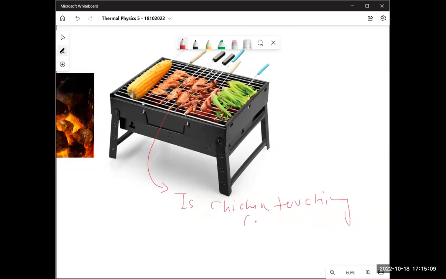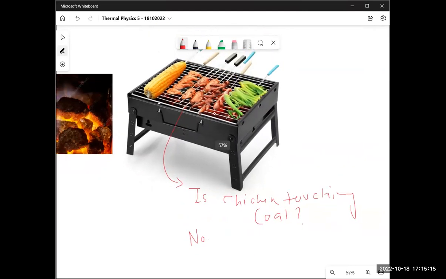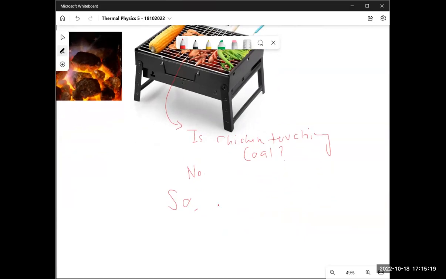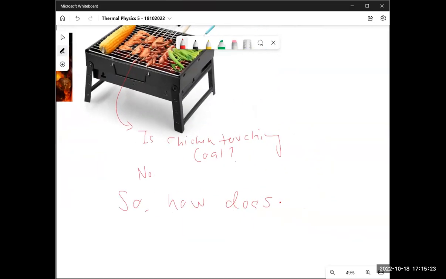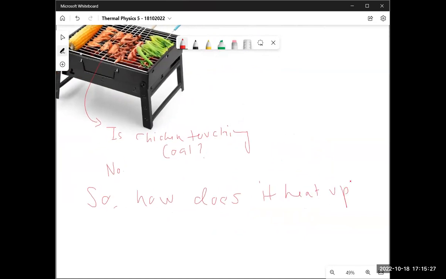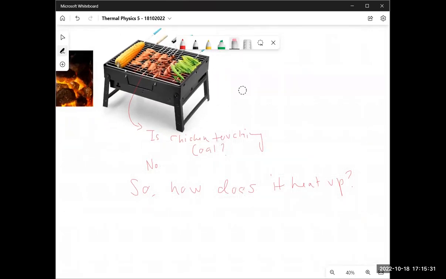So it's not touching. Then if it's not touching, how does the chicken heat up? You don't have to write this. Can someone tell me how it heats up then? The heat releases out. Okay. Lula, what do you think? How does the chicken heat up if it's not touching the coal?